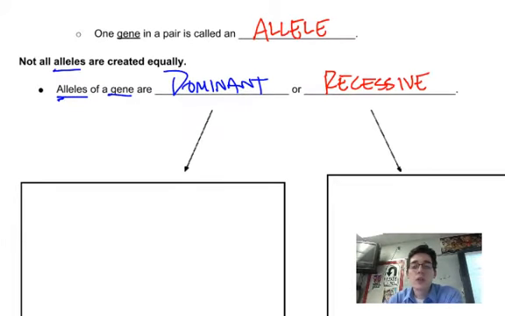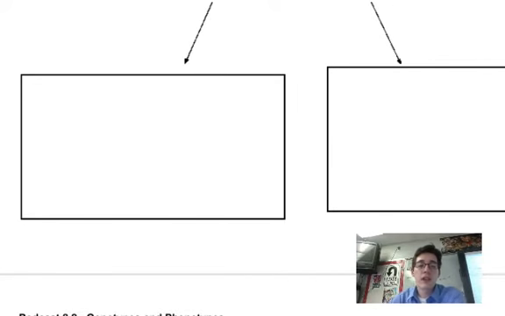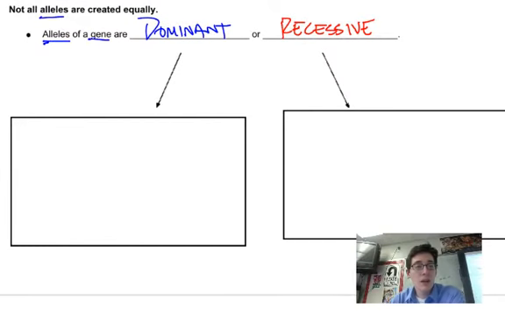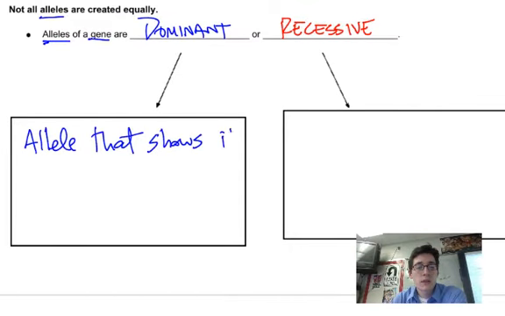Okay, so the alleles of a gene are either dominant or recessive, and a dominant allele is, let me do this in blue, an allele that shows its trait whenever present.